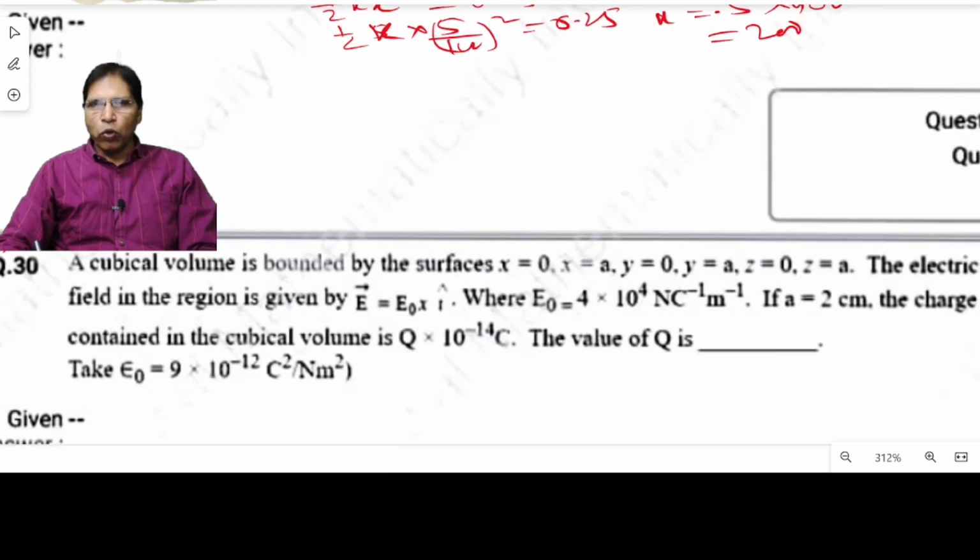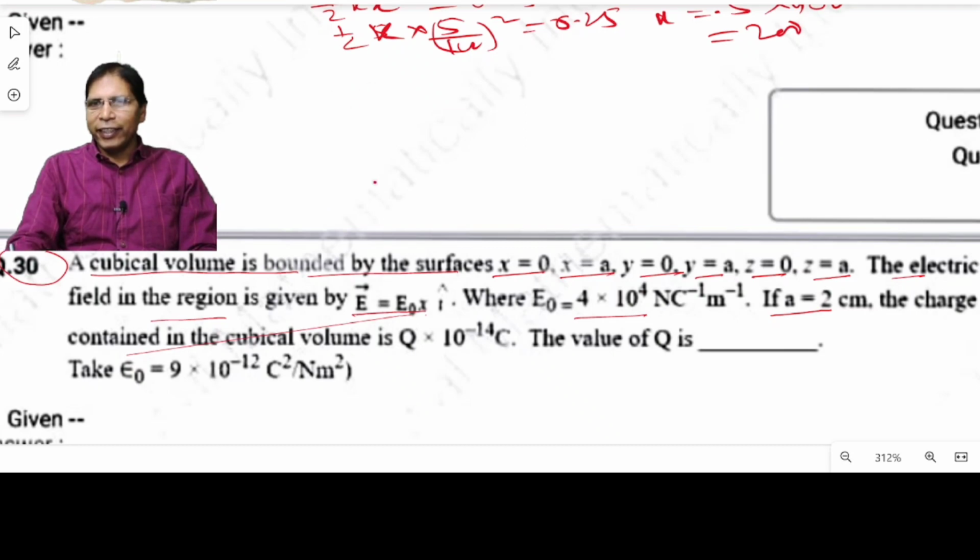Okay, now question number 30. A cubical volume bounded by the surface x equals to 0, x equals to a, y equal to 0, y equal to a, z equal to 0, z equal to a. The electric field is given by E equal to E naught x i cap. E naught is given, x equals to 2 centimeter, the charge contained in the cubical block.